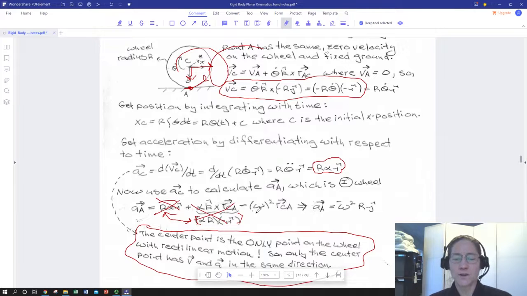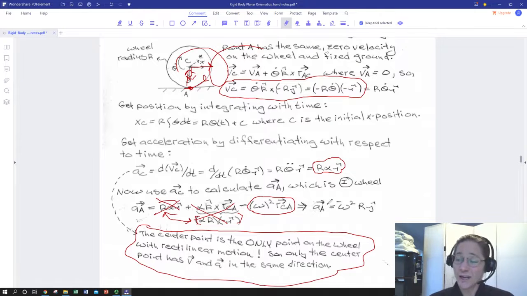The only term I have left is this one, and it happens to be pointing in the negative j hat direction, straight up towards the center. So the acceleration of our point of zero instantaneous velocity on a rolling wheel is actually normal to the path, and it's pointing back up towards the center.